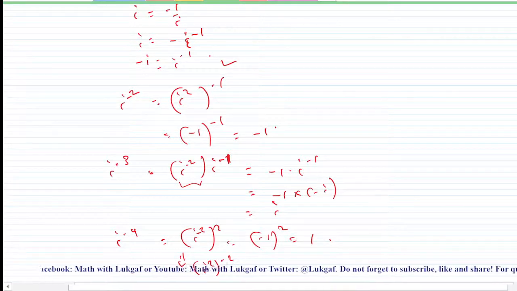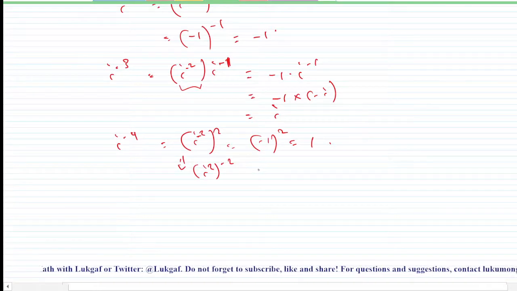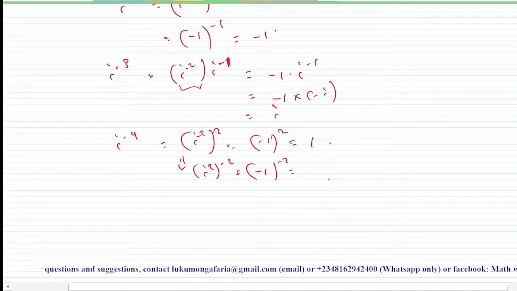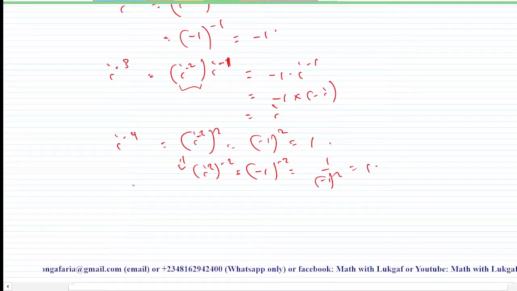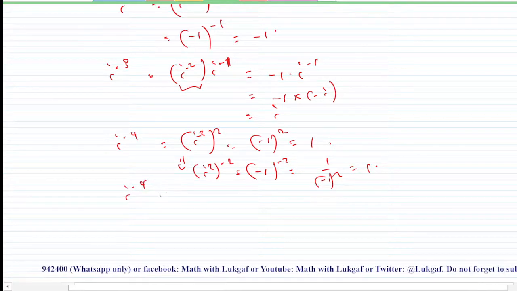And don't forget, i raised to 2 is minus 1, everything squared. That's going to give you 1 divided by minus 1 squared, which is equal to 1. It's going to give you the same answer. In essence, when you have your index to be negative 4, I'm going to have 1 as the answer.